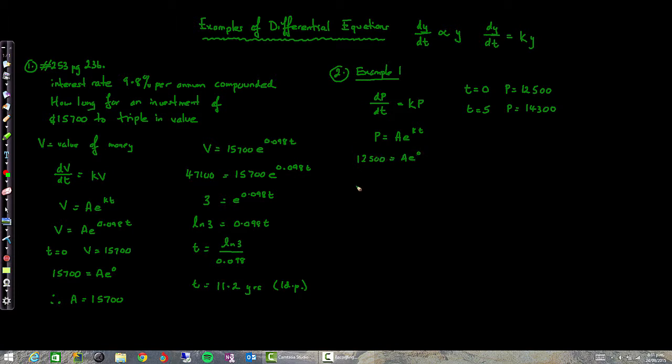We get the same kind of statement that we had in the previous example. E to the power of 0 is 1, so a is that 12,500.